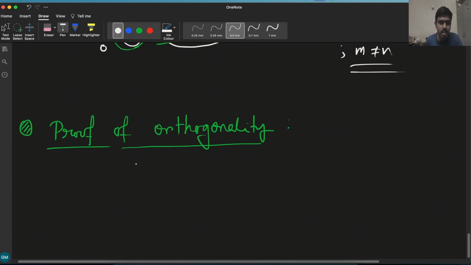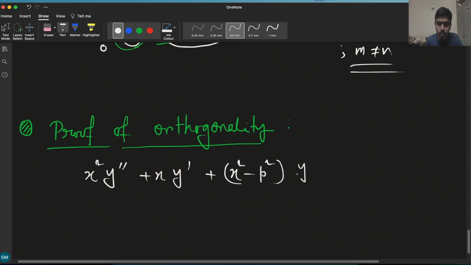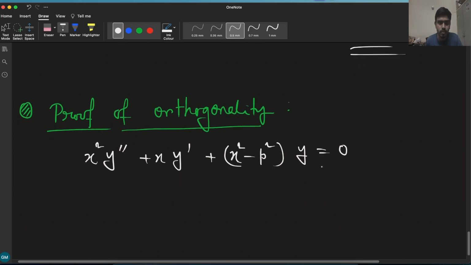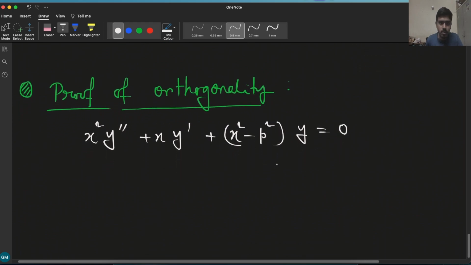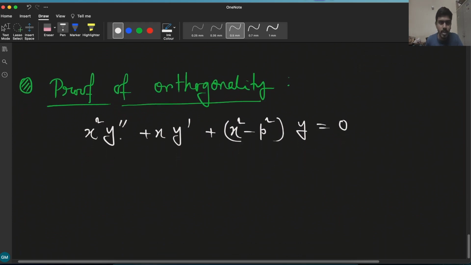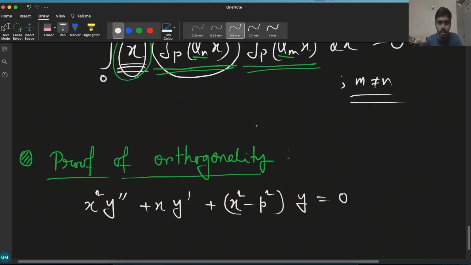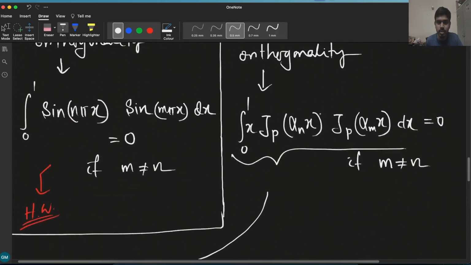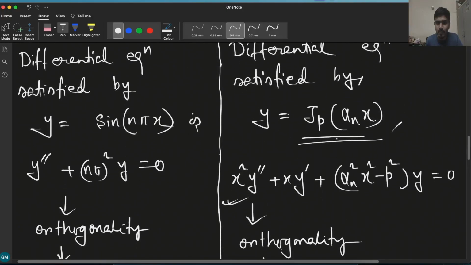The Bessel differential equation is given by x square y double dash plus x y dash plus (x square minus p square) times y equals to 0. Let me write these y. So these y are not Jp(x).